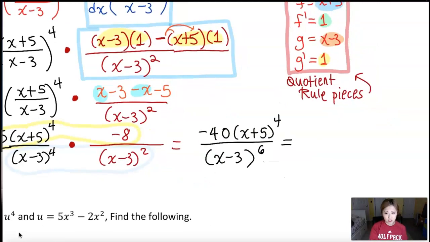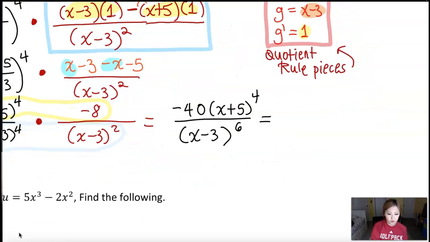Now I want you to take a look at this part because we can even go further. The top has, actually, you know what? I don't think we can go on. I was thinking this base and that base are exactly the same. In fact, they are not the same, right? So I cannot go on. This is where I must stop because I could not go on any further.